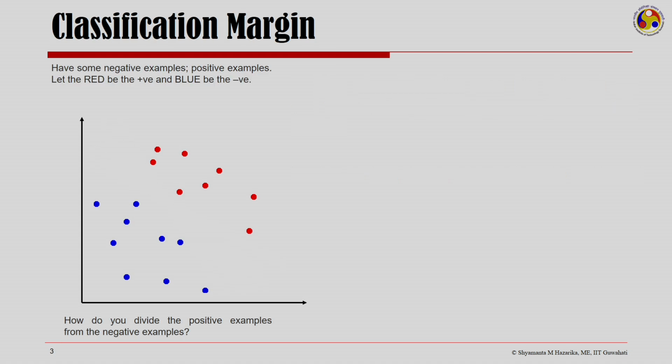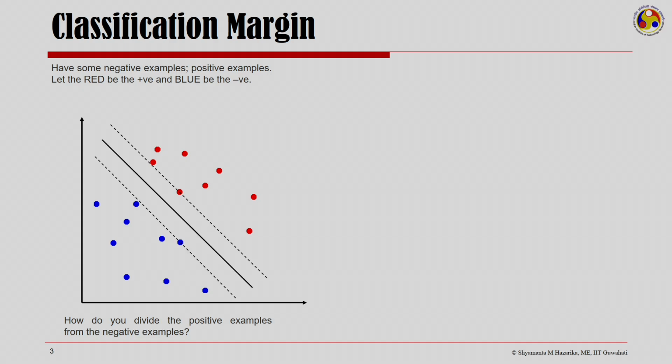So, if we think of the red to be the positive examples and the blue to be the negative examples, the question is, how do we divide the positive and the negative examples?